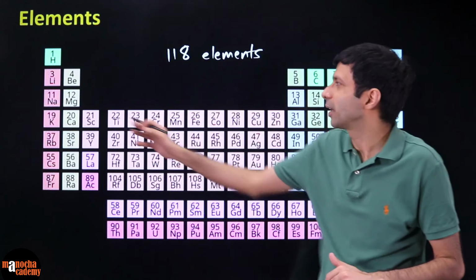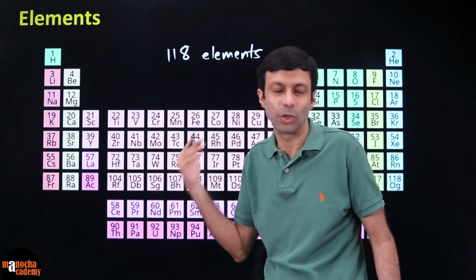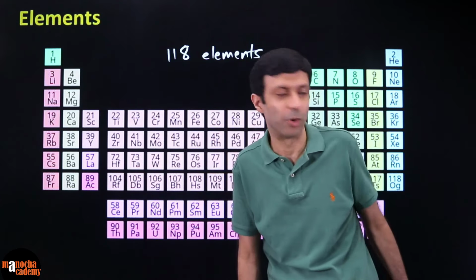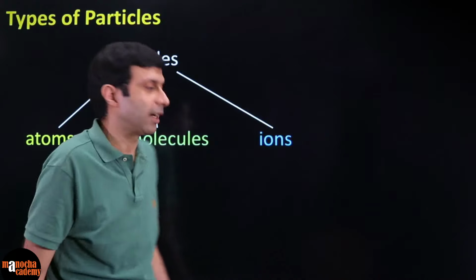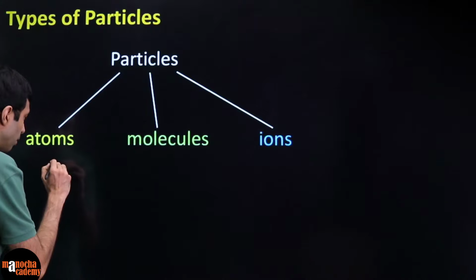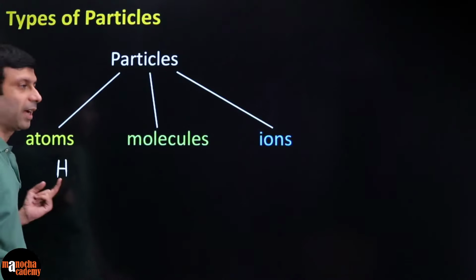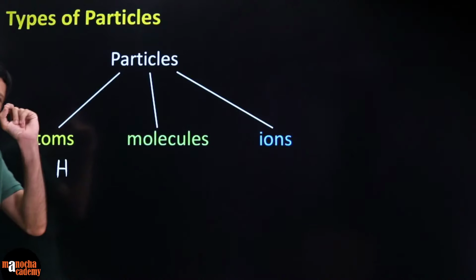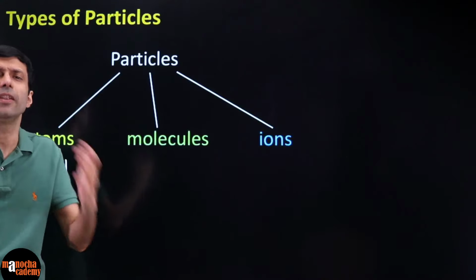Usually it is calcium, but then you also have iron, nickel, copper, all these important symbols, which are all given in your book. So if you take the example of hydrogen, if you're talking about the hydrogen atom, how do we represent it? With a single H, okay? That means I am talking about one atom, one tiny particle of hydrogen. Can you see it? No, it's very, very small.